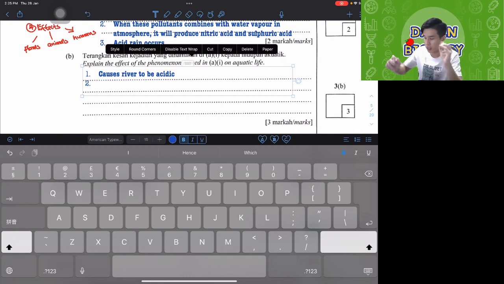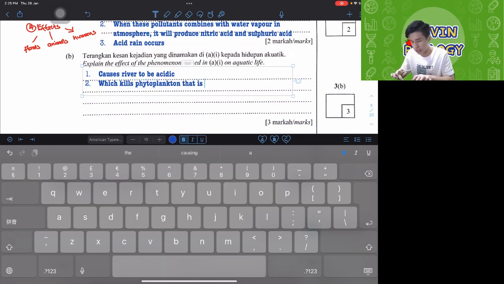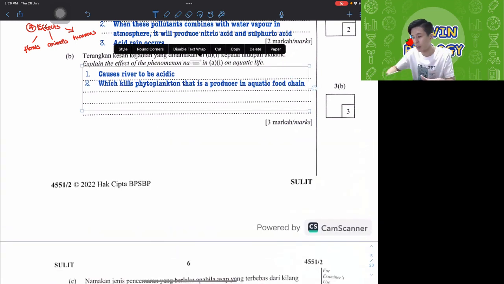So phytoplankton, I write it down here. So, which kills phytoplankton that is a producer in aquatic food chain. So microorganisms are more likely affected.